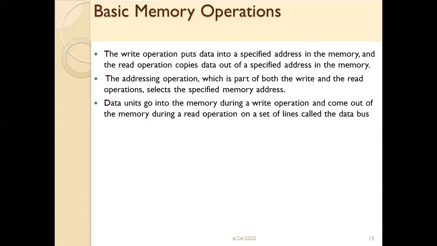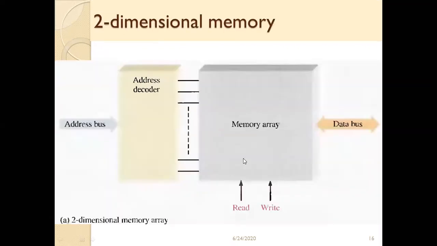Data units go into the memory during a write operation and come out of the memory during a read operation on a set of lines called the data bus. So now I will clear up this concept in this slide.